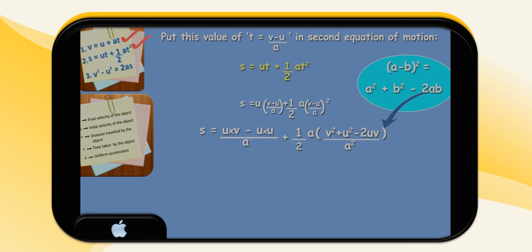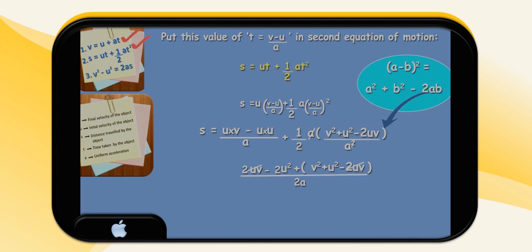Then a will be cancelled. After that we take the LCM, and solving this we get (2uv - 2u square + v square + u square - 2uv)/2a. Then after that we rearrange these equations.